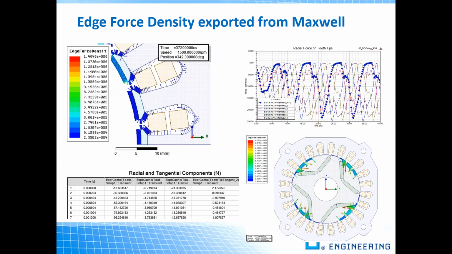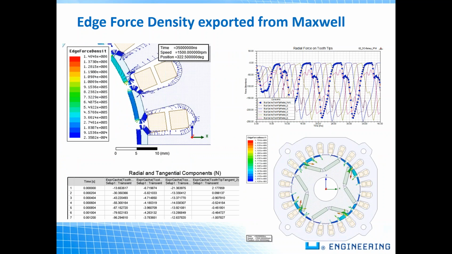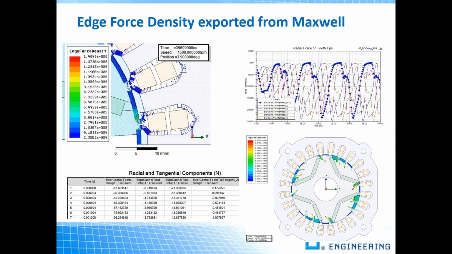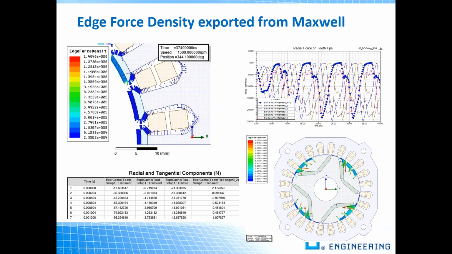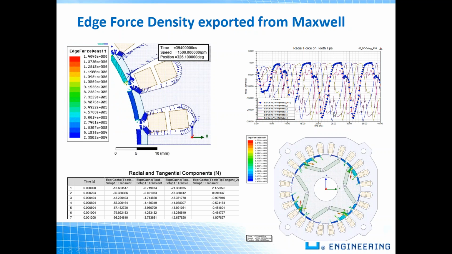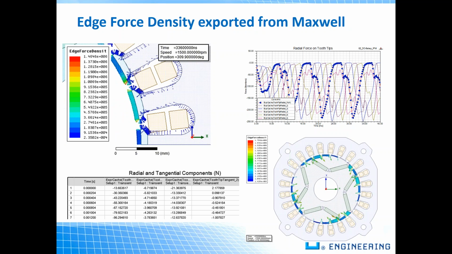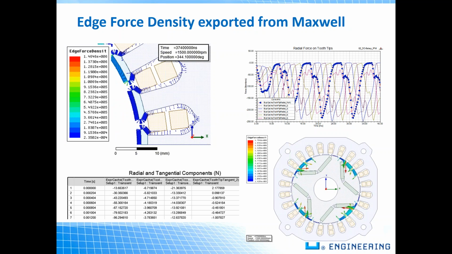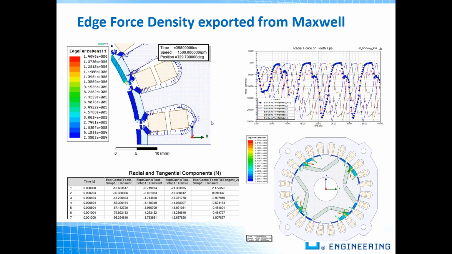Also, you can bring the force density from the Maxwell electromagnetic calculation and look at the results in Mechanical. You can see the values here and look at the force on the tooth.